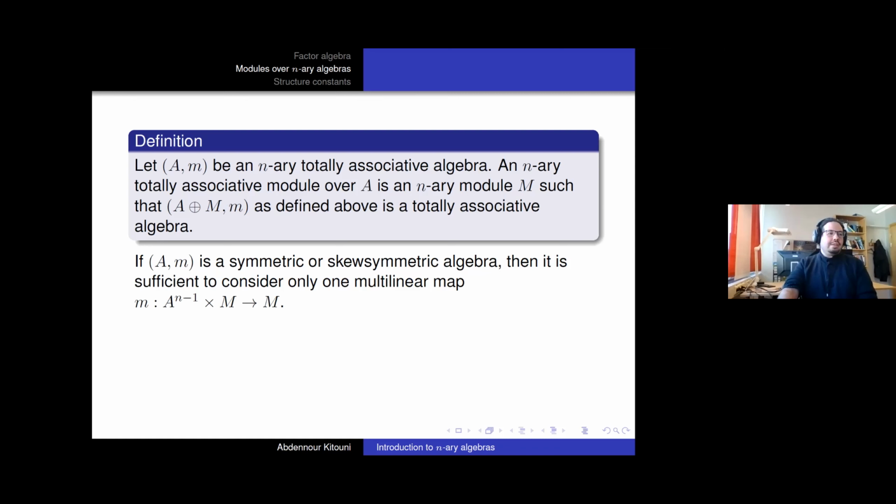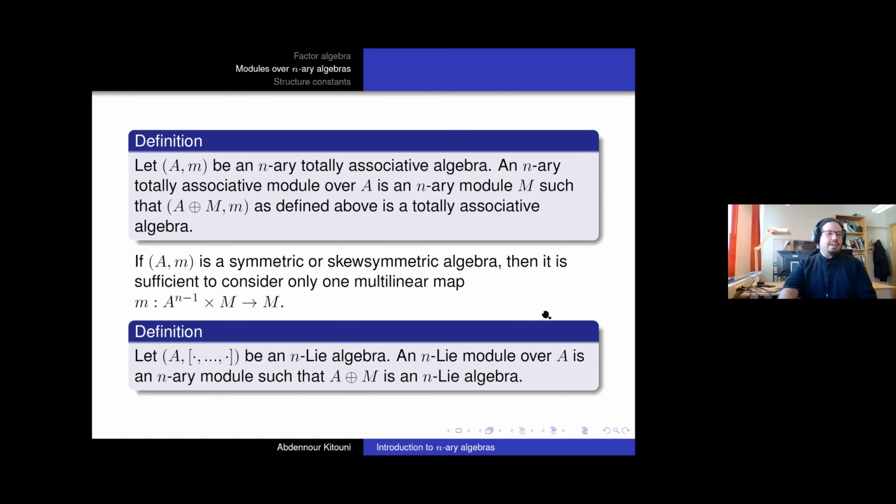And if we take an n-Lie algebra, then an n-Lie module over A is an n-ary module such that the direct sum is an n-Lie algebra.